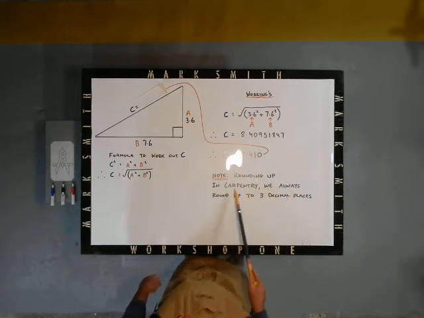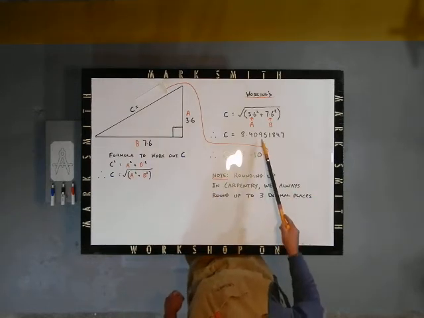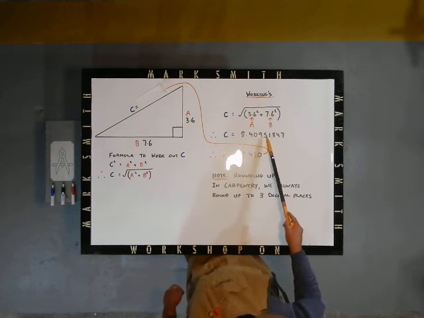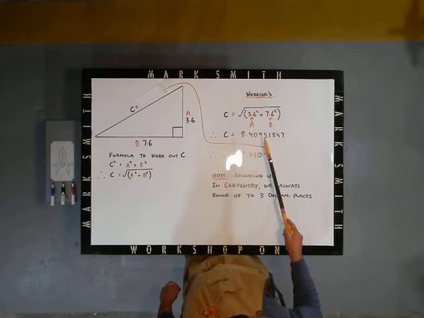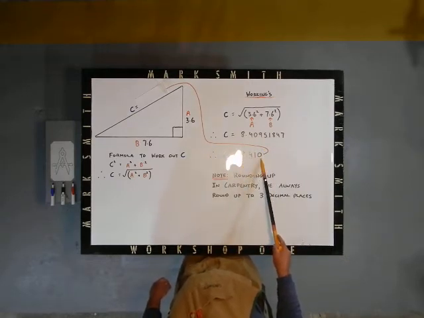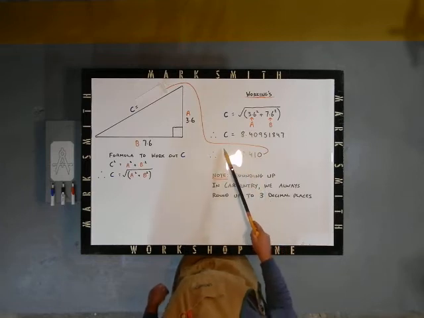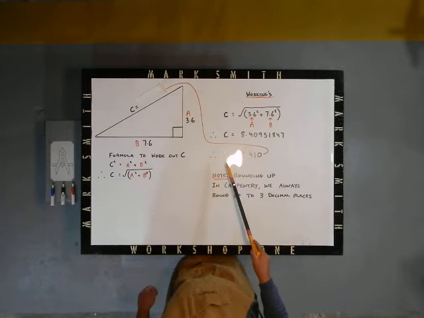We need to round to 3 decimal places. The 5 makes the 9 a 10, so the answer becomes 8.410. So with those simple calculations, you found out what C is.